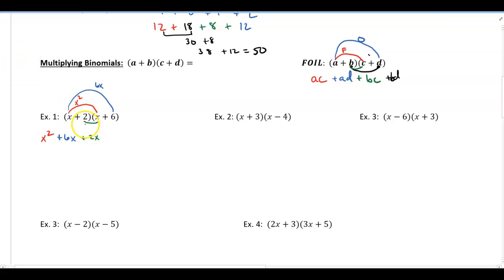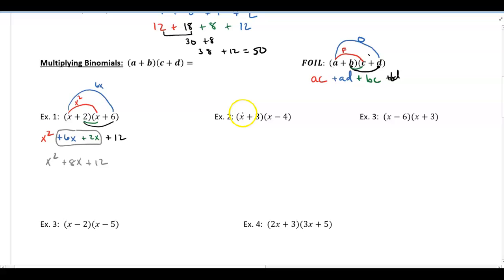And then I'm going to multiply the last term in this by the last term here, and that would be 12. And then if I combine like terms in the middle and simplify, that'd be x squared plus 8x plus 12. And once you get used to this, you should get pretty quick here.